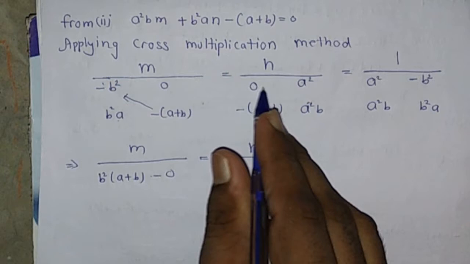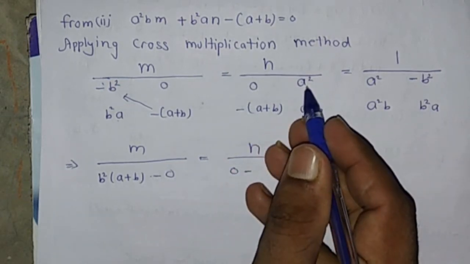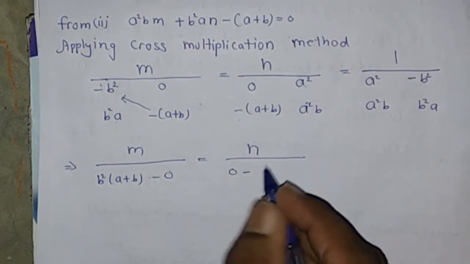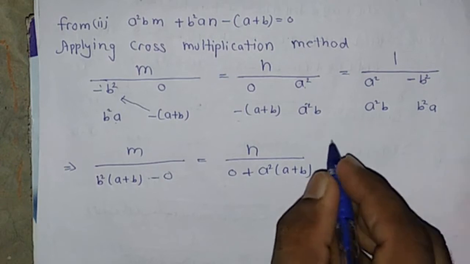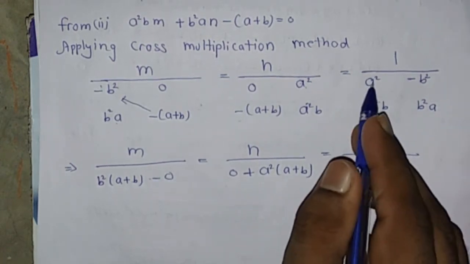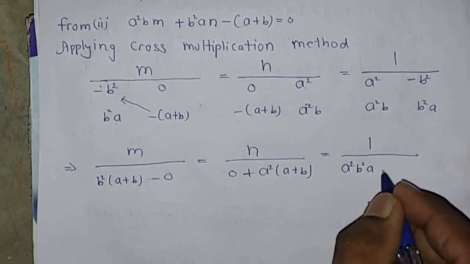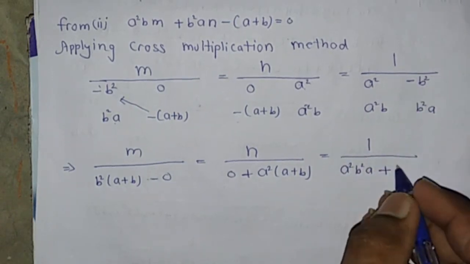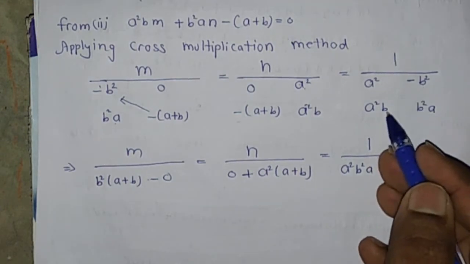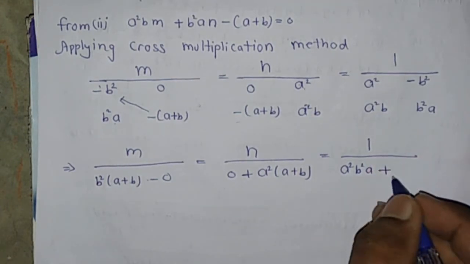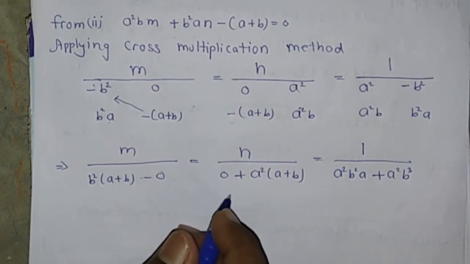N by 0 into a square b is 0, minus a square into minus a plus b, minus into minus is plus, and a square into a plus b. 1 by a square into b square a means a square b square a plus, minus into minus and minus b square into a square b, then it is plus a square b cube.